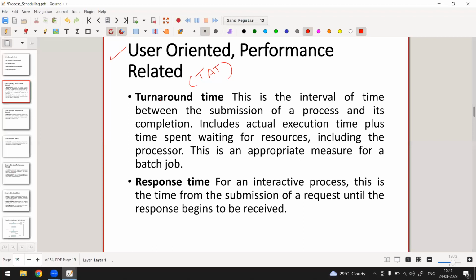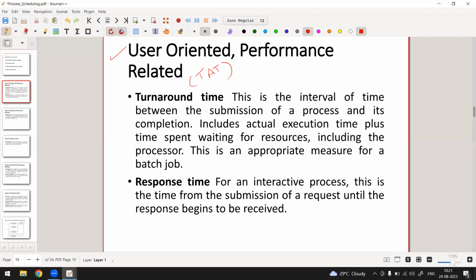Later on, as we discuss various scheduling policies, we will see the effect of each scheduling policy on certain parameters, right?